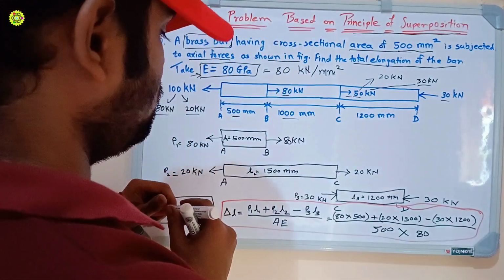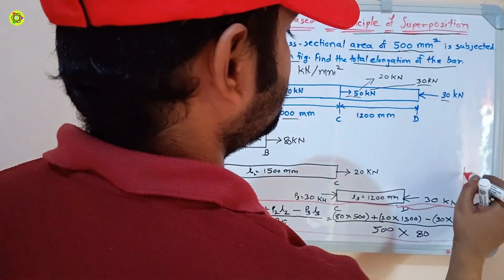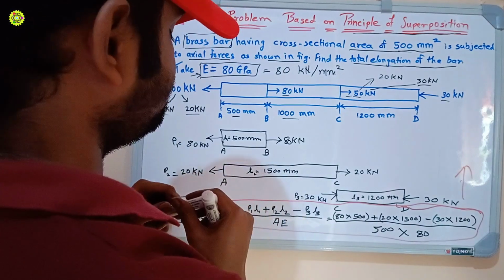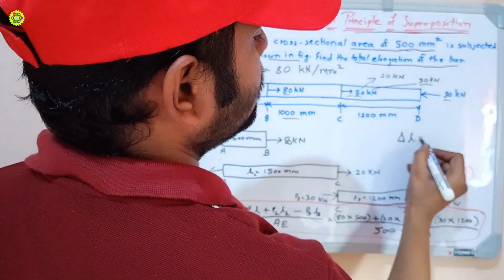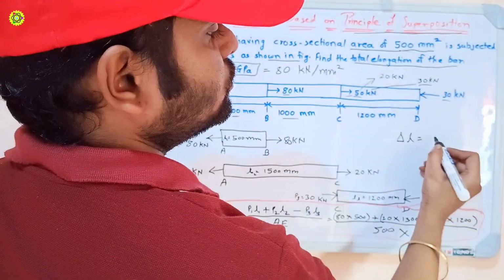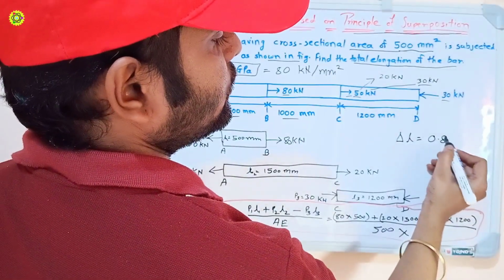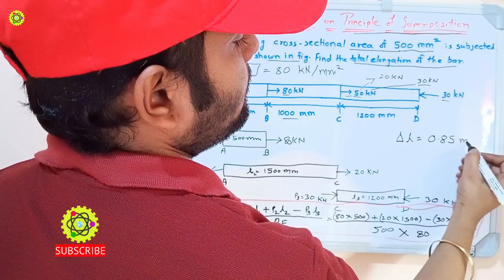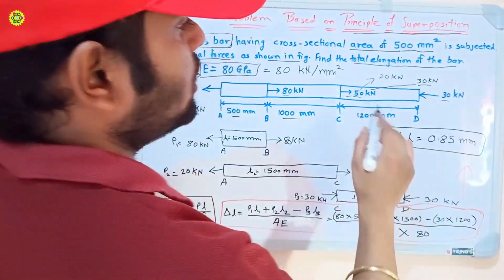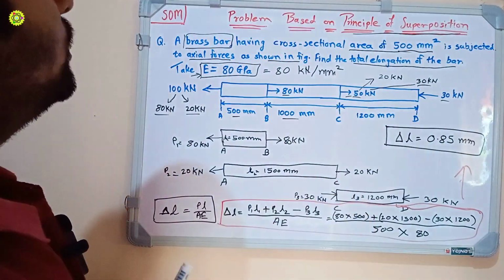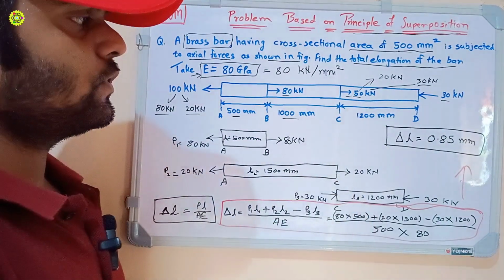After simplifying this whole term, we get delta L equal to 0.85 mm. This is our total elongation of the brass bar.